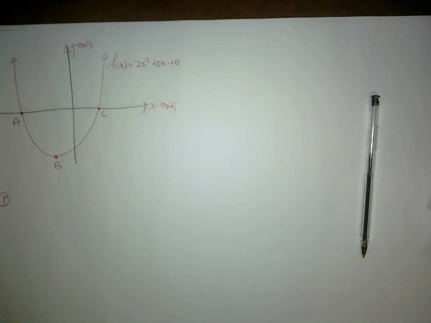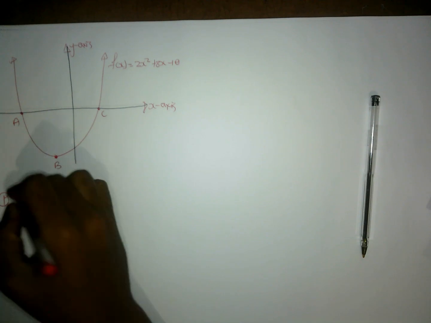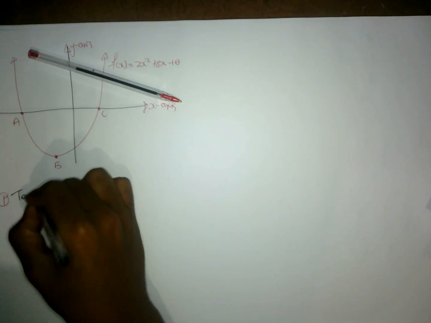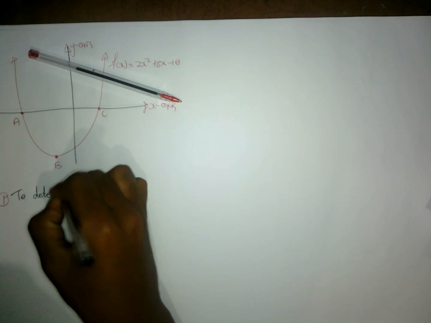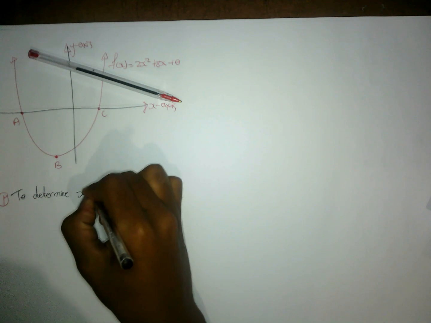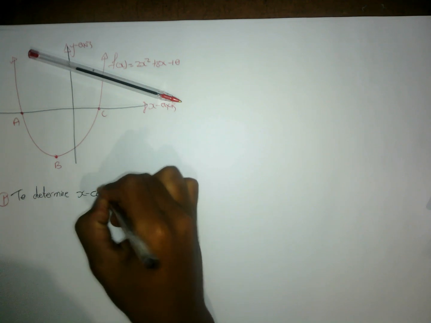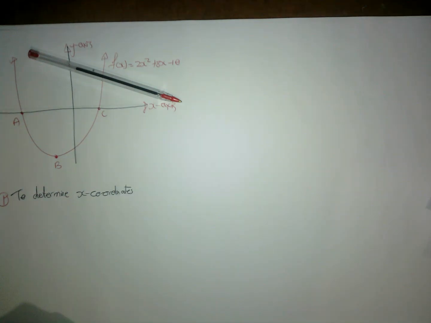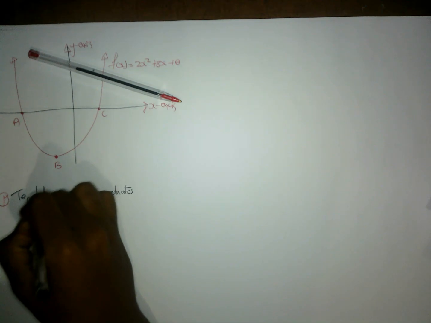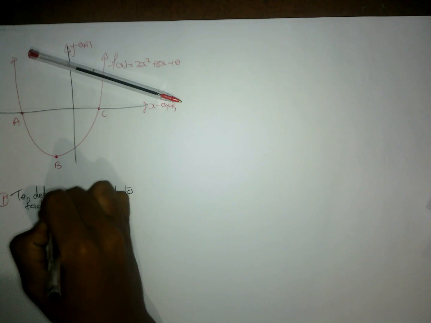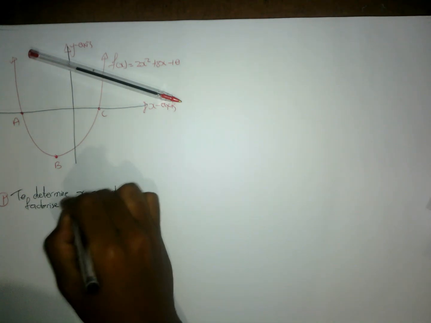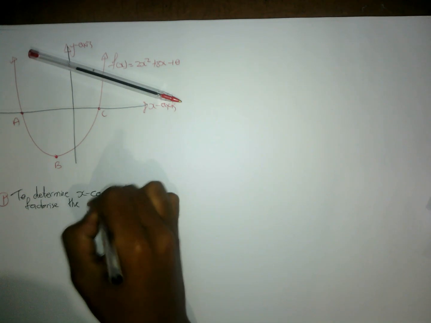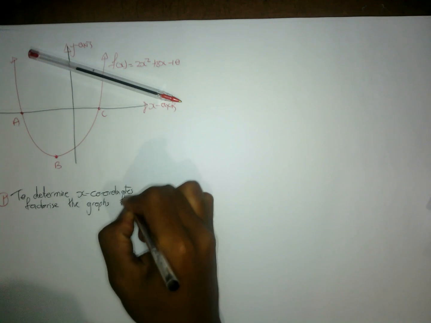So to determine the x coordinates, let's do it like this. To determine the x coordinates, factorize the given formula.